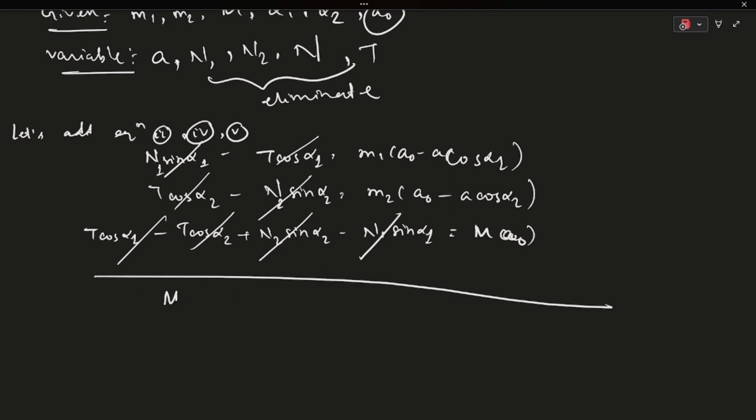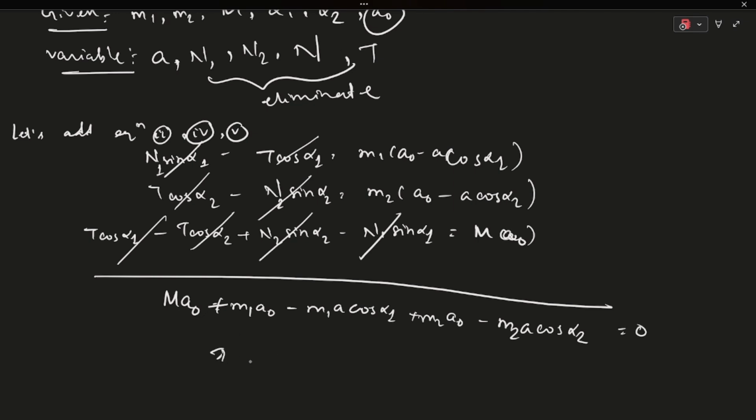This becomes M a naught plus m1 a naught minus m1 a cos alpha 1 plus m2 a naught minus m2 a cos alpha 2 equals 0.